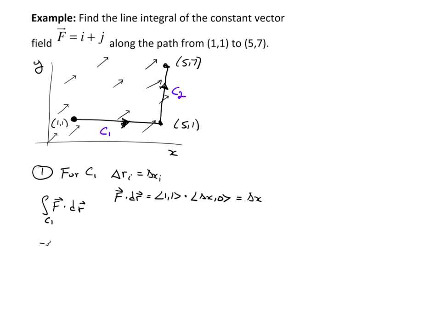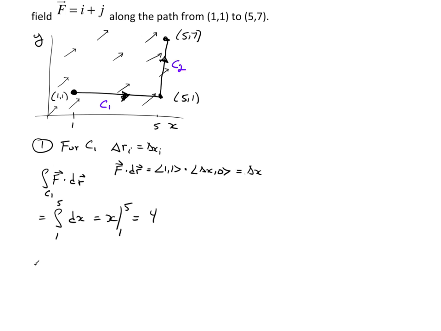So this integral will simply be the integral from 1 to 5 of delta x, which is simply dx, which equals x evaluated from 1 to 5, which is, of course, 4. Now this next piece I'm going to take a look at for C2. Delta r_i is simply going to be equal to delta y j.